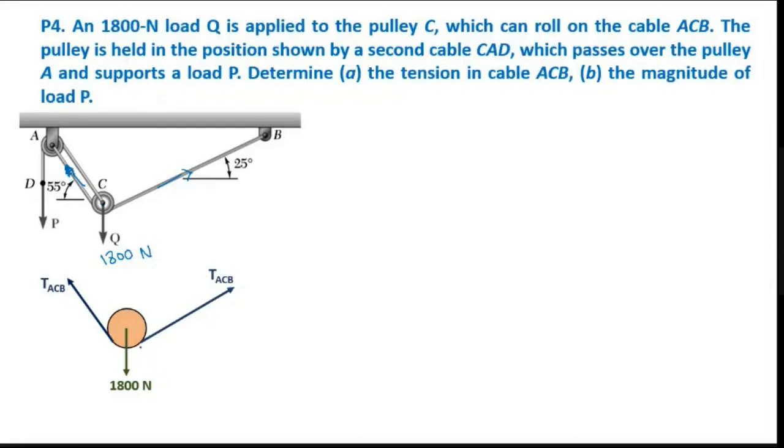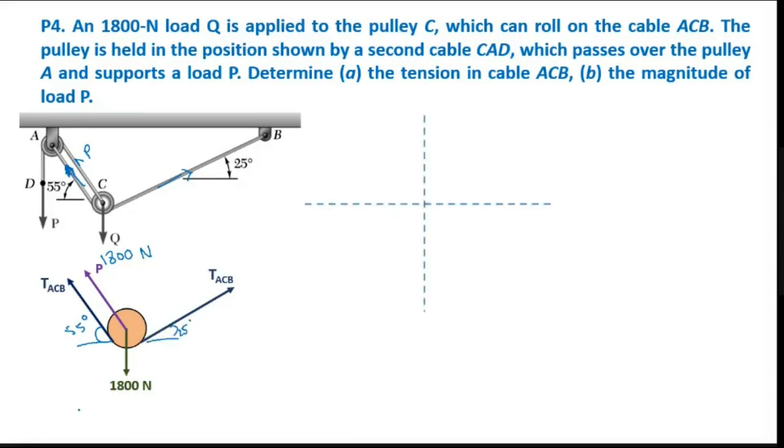So TACB on this side and TACB on the other side. Then you have another force from the middle, which is P. Why do I call it P? Because P is passing over this pulley, so if this is P, this is also P. All are outward, because whenever you have a tensile force, everything should be outward. Looking at the angles, this is 55 degrees, which is given, and this is 25 degrees.